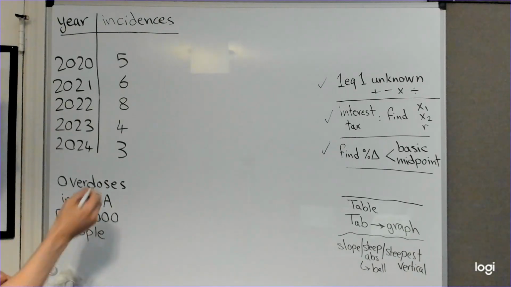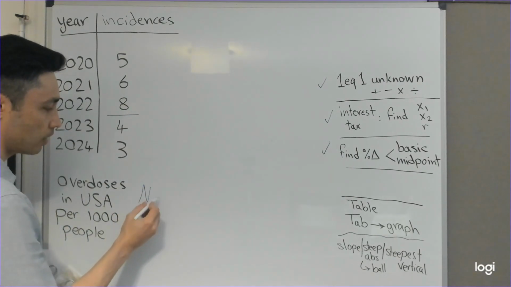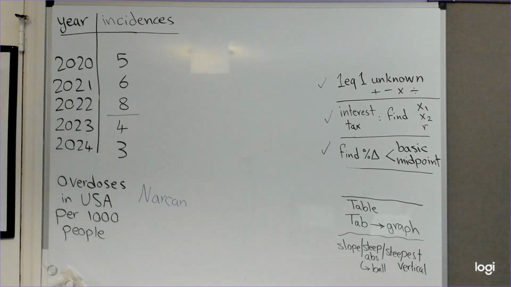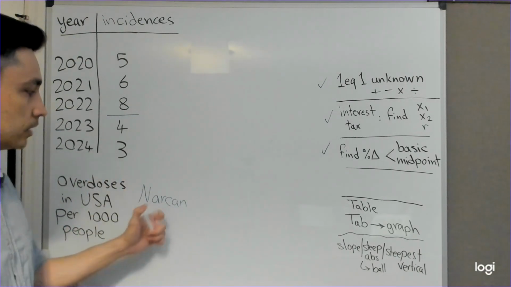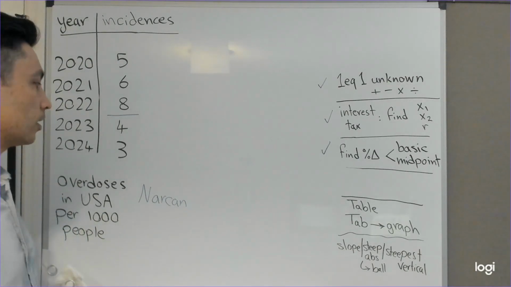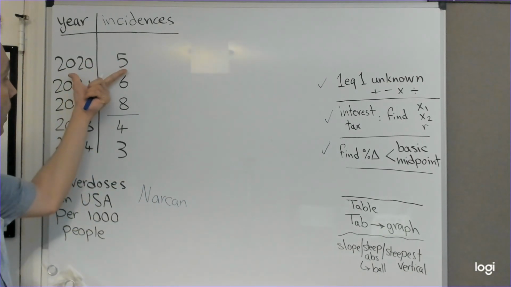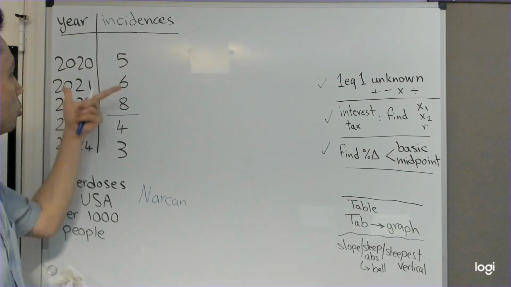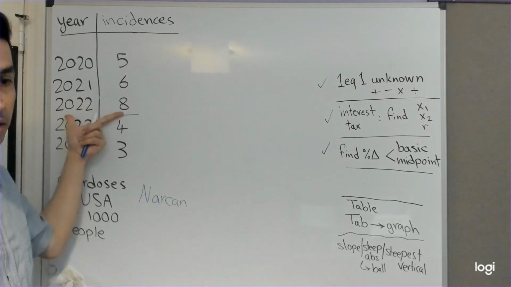Now let's say the reason there is a reduction here is because of the introduction of Narcan, the over-the-counter medication that if someone is about to overdose, they take the shot and they stay alive. A table like this would mean that there was an increase of overdose cases from 5 in 2020 to 6 in 2021 and to 8 in 2022.